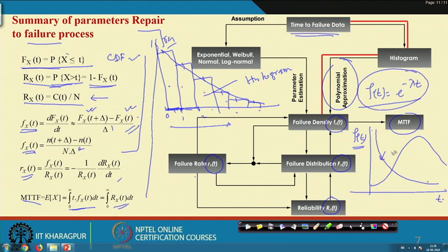Or you may say it is t cubed plus a t squared plus b t minus 9, that is my f(t). So this is another kind of polynomial approximation. Okay, so this is the starting point of the quantification of a basic event, that is, how do I know the probability of failure, the hazard function, the reliability and other things.